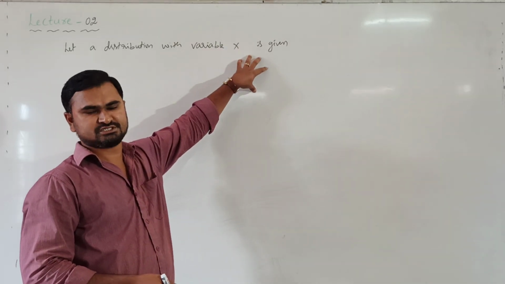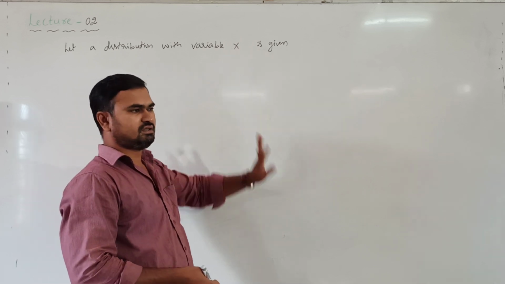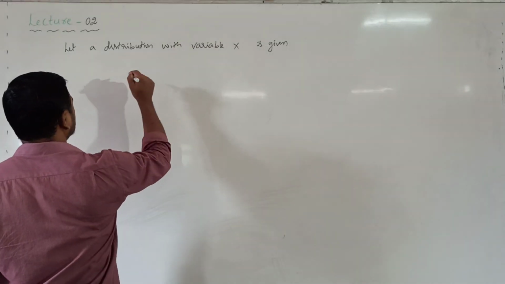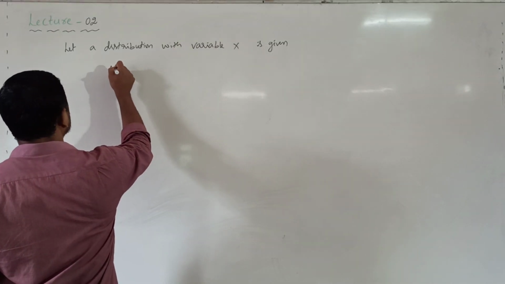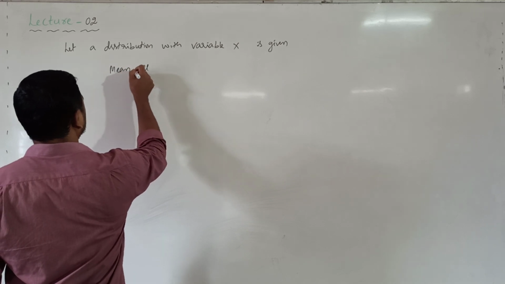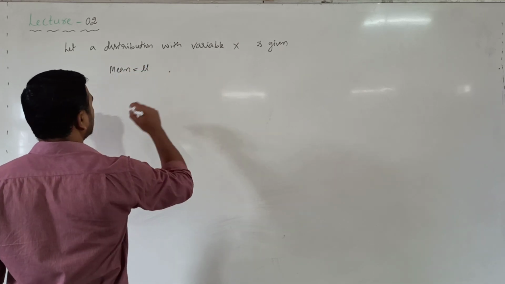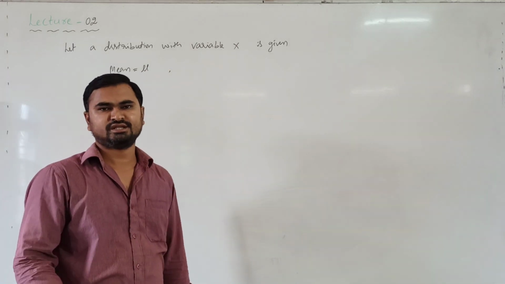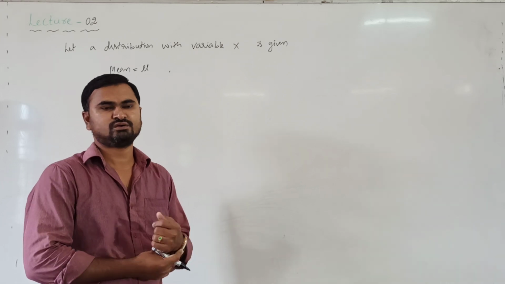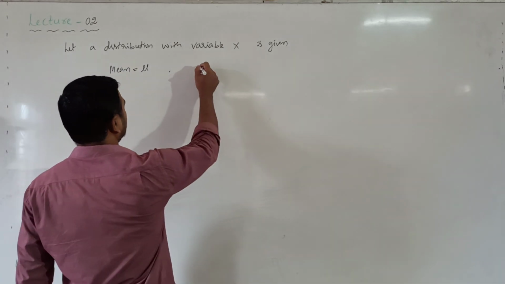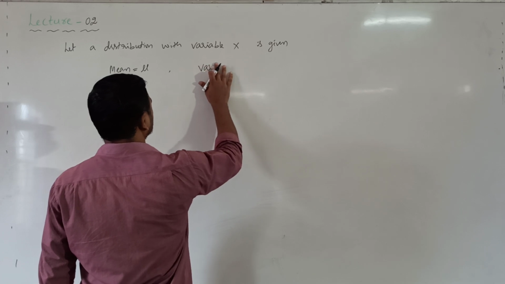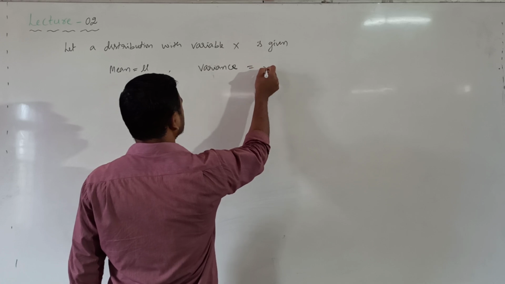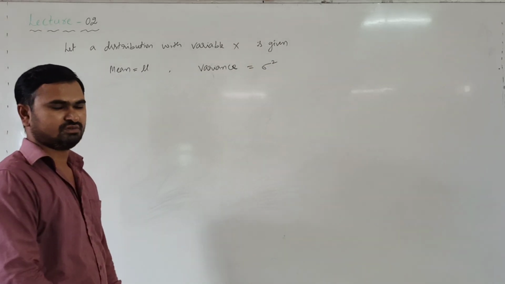Now for this distribution, suppose the mean and variance are given. Let us take the mean as mu. Next we will study in terms of variance. If you know the variance, we can find the standard deviation, that is the square root of variance. Variance is equal to sigma square.